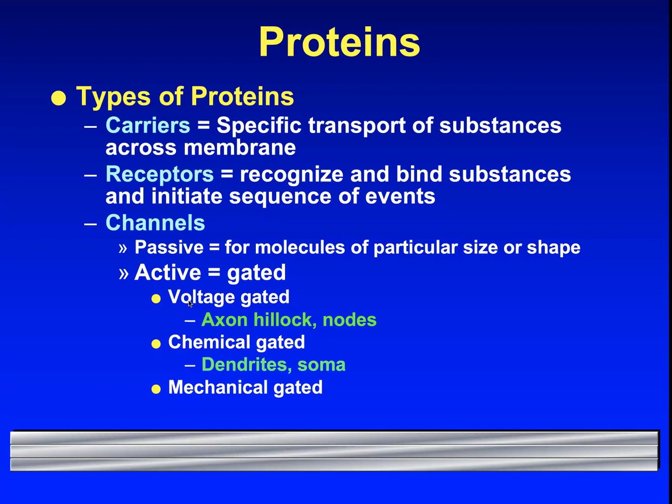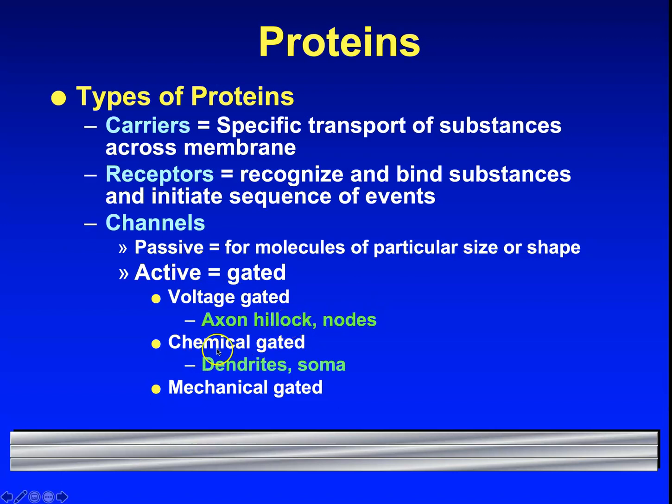But when you hit the magic voltage, which is minus 55, it's like the key in the lock, whee, that opens up the gate, sodium can rush in. It's voltage gated, so it's going to be closed until you hit the right voltage. And we find a lot of voltage gated channels at the nodes of Ranvier and the axon hillock, because these are important in making action potentials.